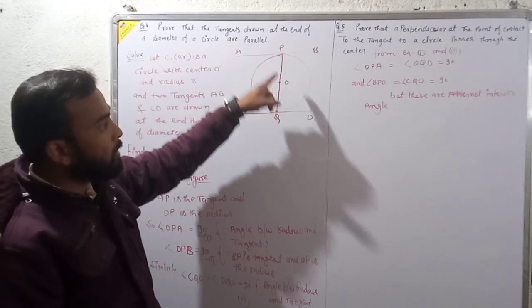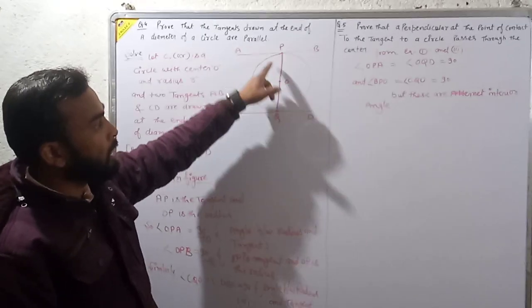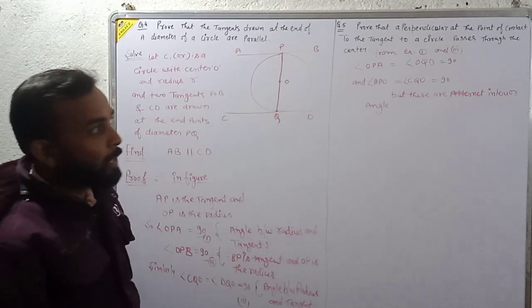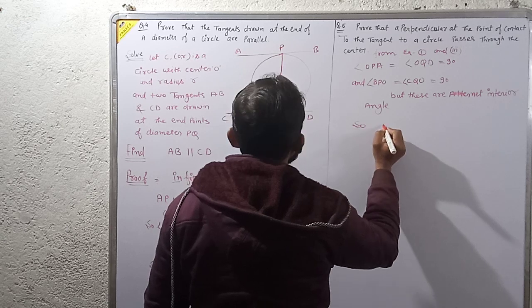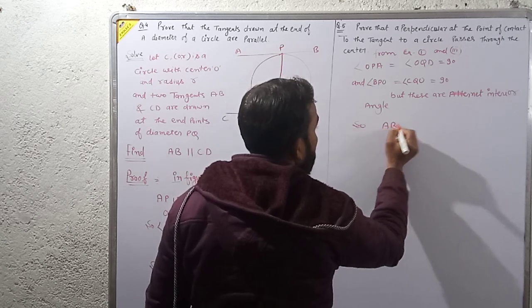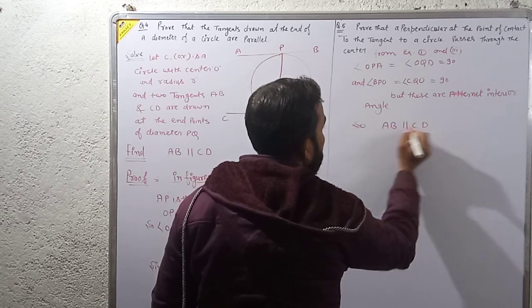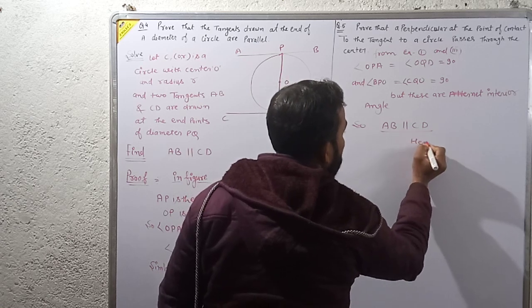When two angles are equal, then the lines will be parallel. So line AB will be parallel to CD. Hence proved.